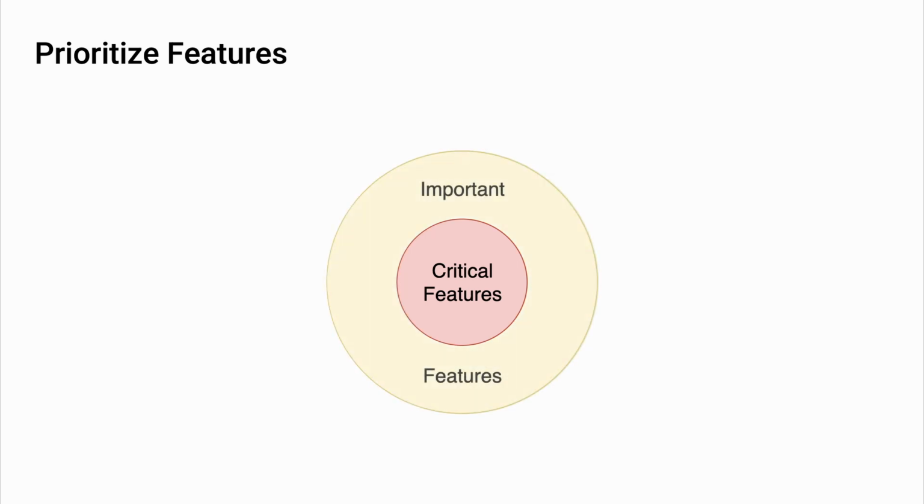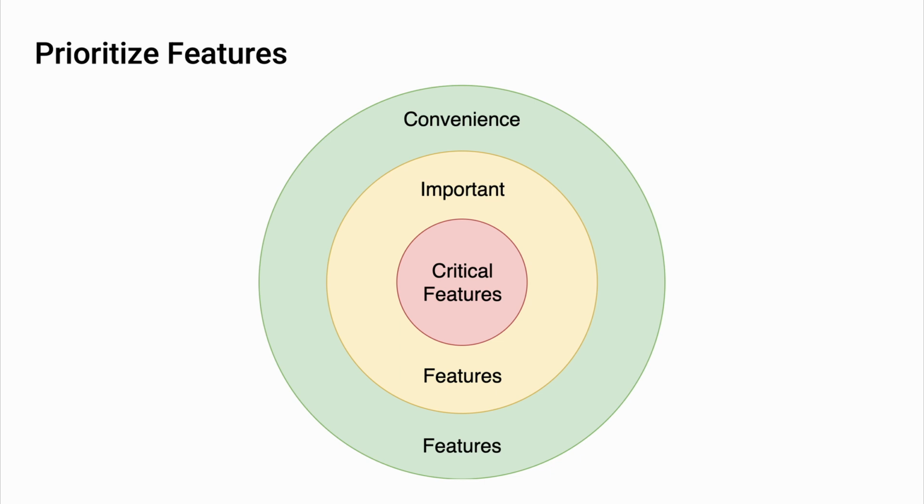The next set are important features. These aren't at the same level as the critical features, but are those which keep the system running smoothly. Finally, are convenience features. These are features which, if we can't use them, don't impact the system and its functionality. It might not be as elegant as one might like, but that's not the thing that we're considering here.